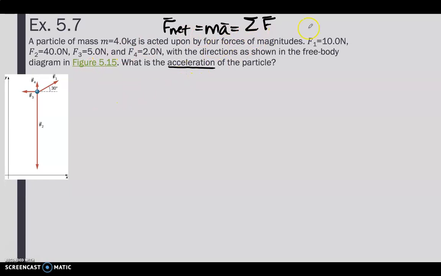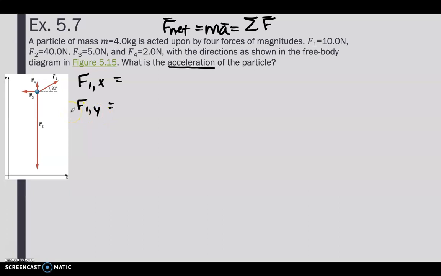It told us our magnitude, but we need to figure out what its components are. So we need to find first F1 comma x, and then F1 comma y. That is going to denote the F1 vector and the x and y components.